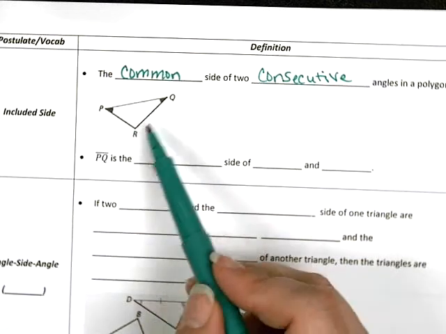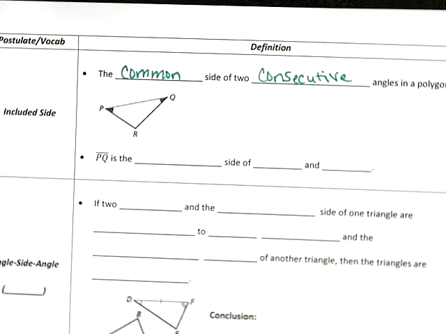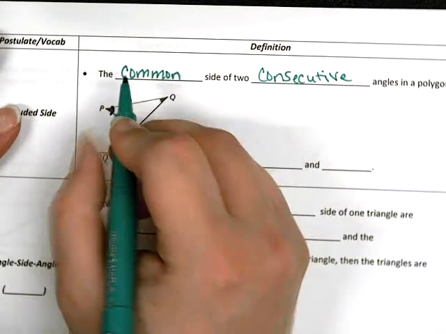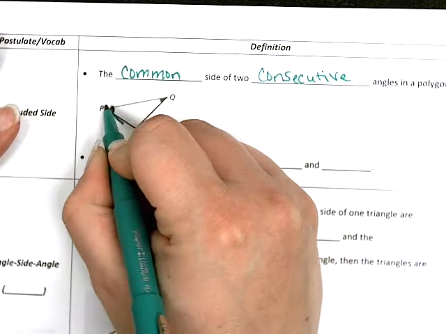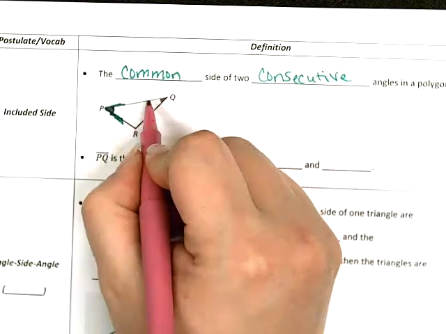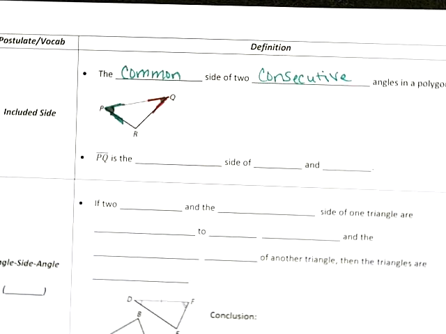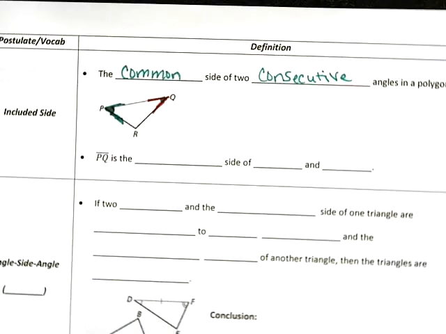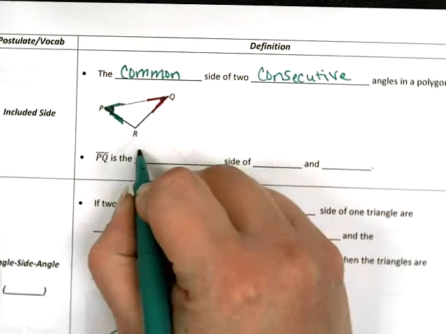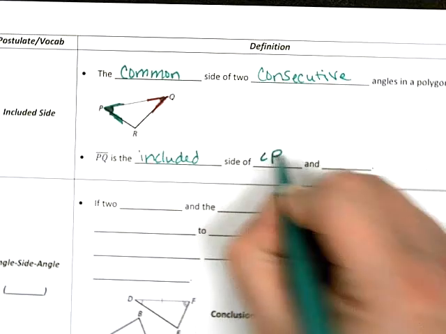I mean, I could go the other way and hit R, but in a triangle, we can go this way too, okay? So when we look at angle P, if I draw the start of angle P and I draw the start of angle Q, the side that they share is called their included side. So PQ is the included side of angle P and angle Q.